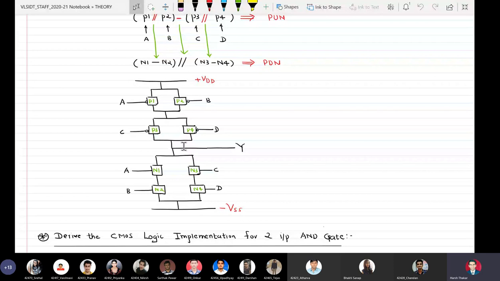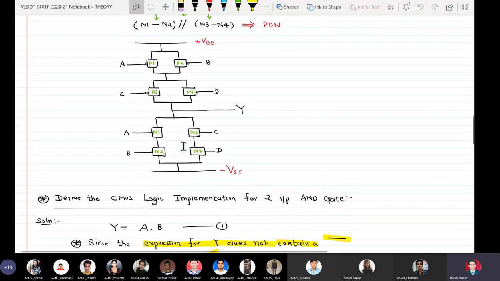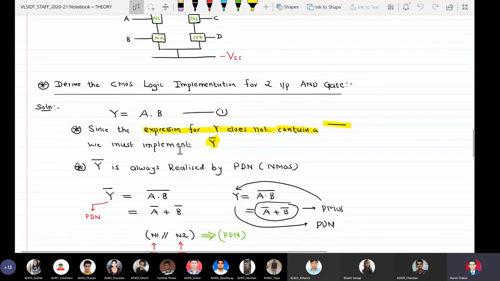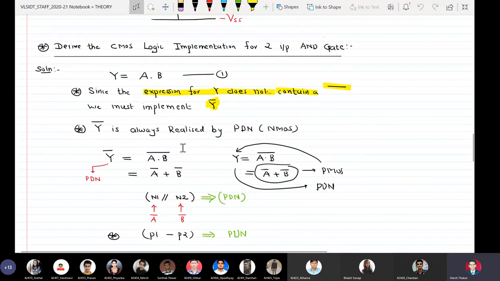So we had a set of parallel PMOSes in series with another set of parallel PMOSes in the pull-up, and in pull-down, similarly, we had a set of two NMOSes in series in parallel with another pair of NMOSes in series.